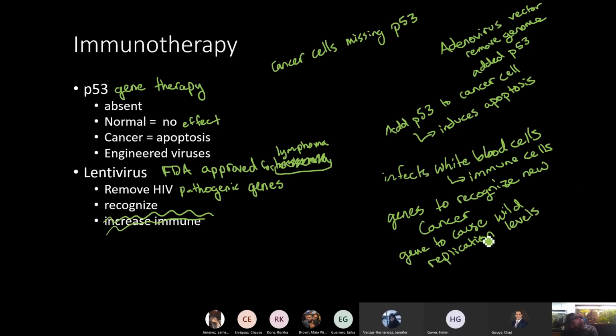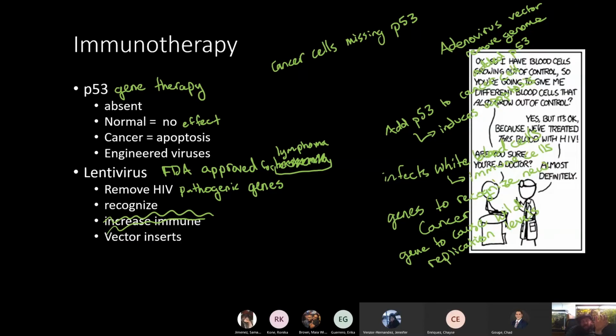So what happened was they then got white blood cells that could recognize a cancer and replicated themselves enough that there were enough white blood cells that recognized the cancer that they could wipe it out.